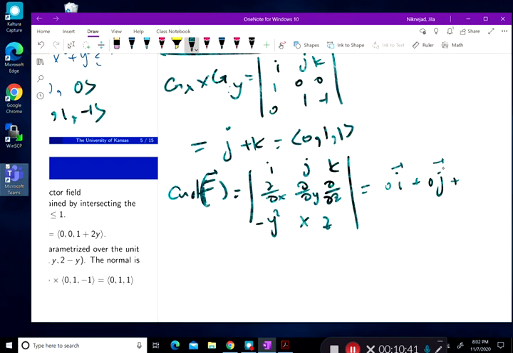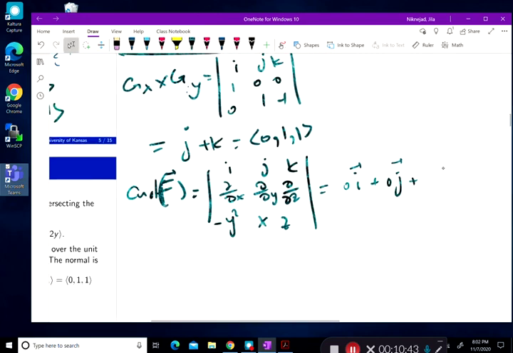And then for k you get 1 minus negative 2y, which is 1 plus 2y times k. So it's 0, 0, and 1 plus 2y.